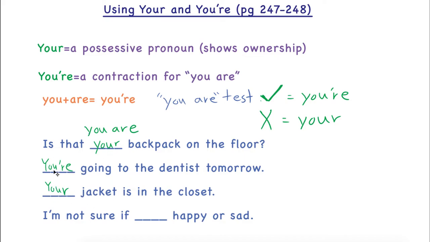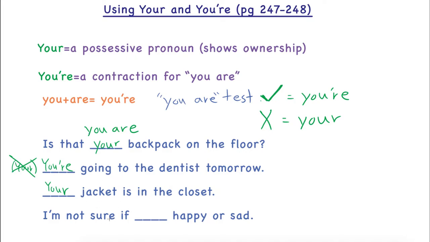And in this sentence, we wouldn't use Y-O-U-R in "you're going to the dentist tomorrow," because is it talking about someone owning something? No, right? The dentist is not owned by someone, and tomorrow is not owned by anyone. It's talking about "you are," okay? So that's another reason why I wouldn't use this version of your.